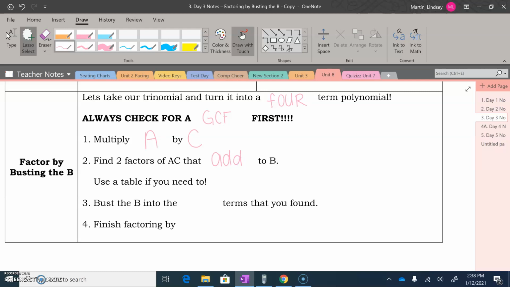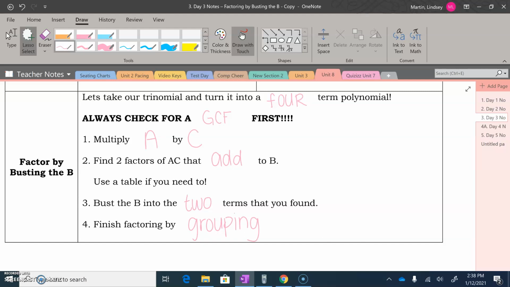We can always use a table. Next, we're going to bust the b into two terms that you found. And then we'll finish by factoring by grouping. You may be wondering, what is a, b, and c?